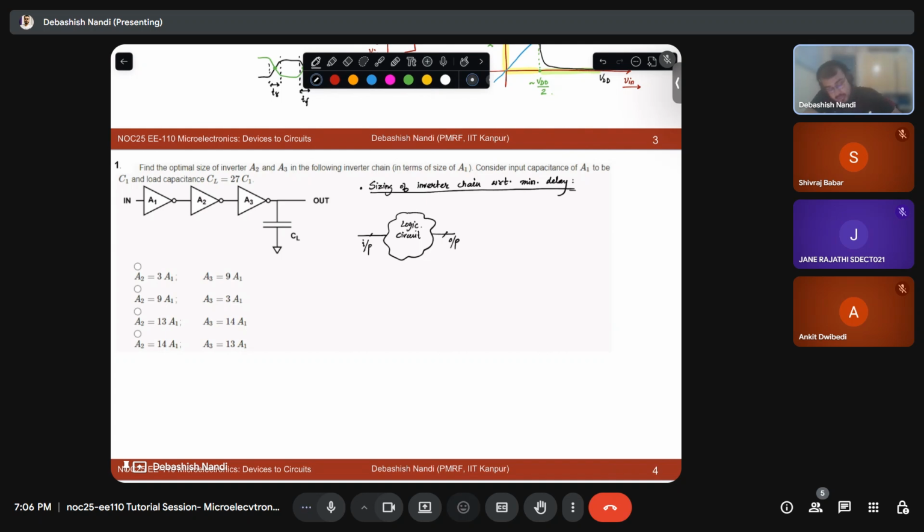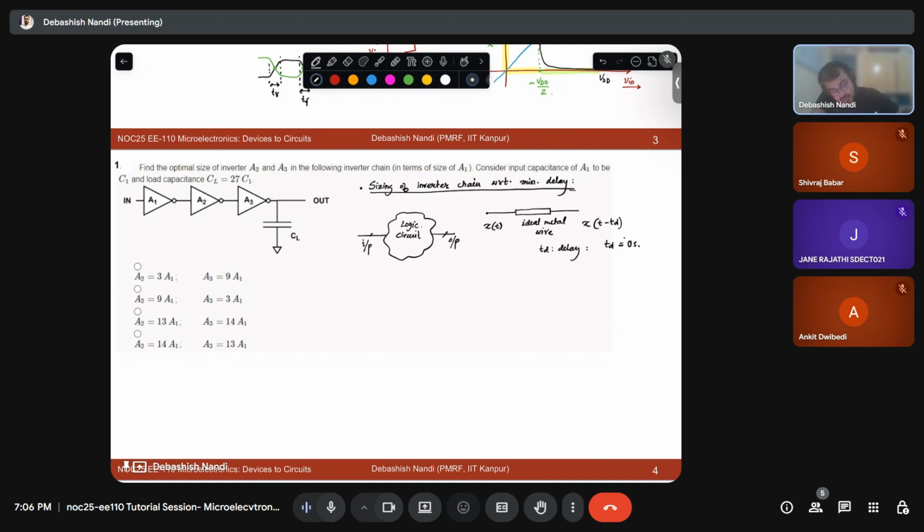Now for example, if it is an ideal metal wire, and you have a signal x of t, and output you will have a signal x of t minus td. td is your delay. So what will be the td in this case for an ideal metal wire? 0. So td will be 0.